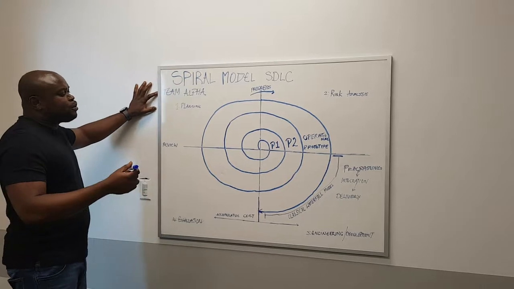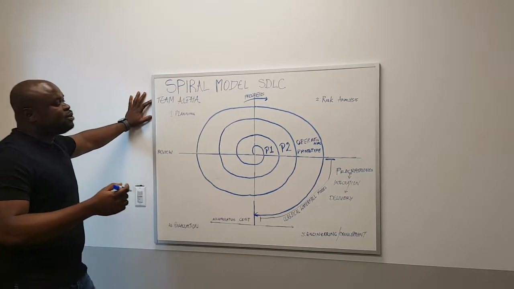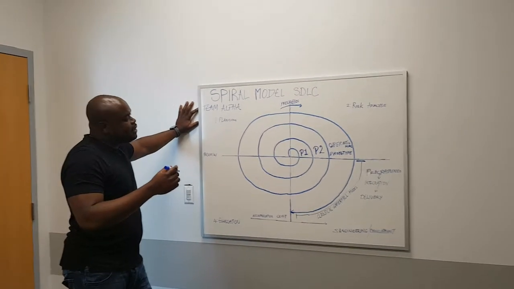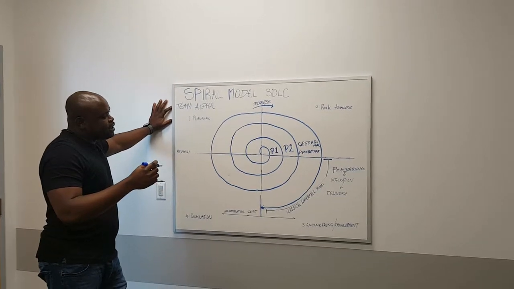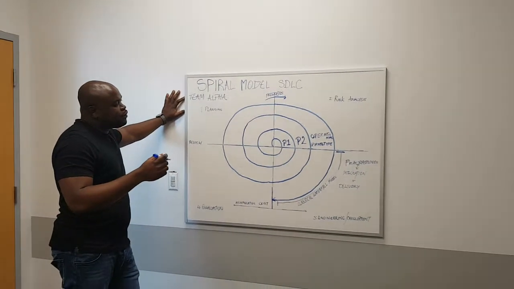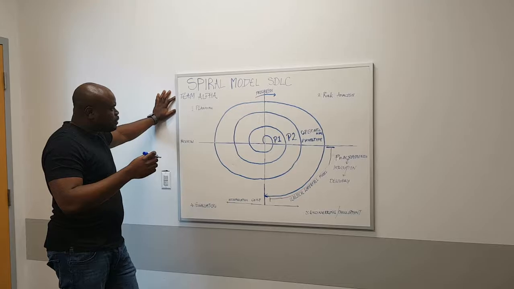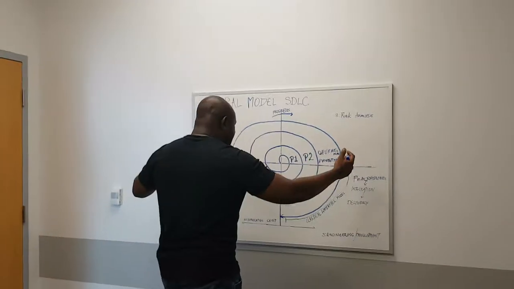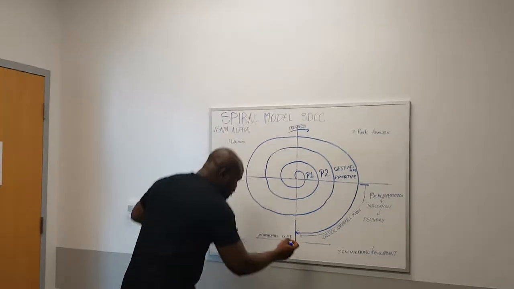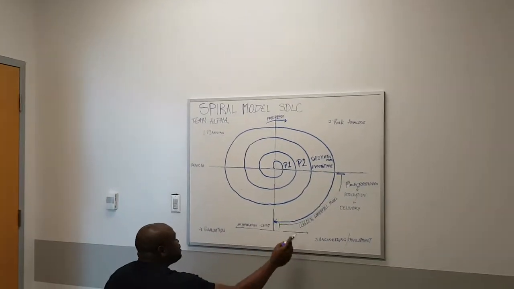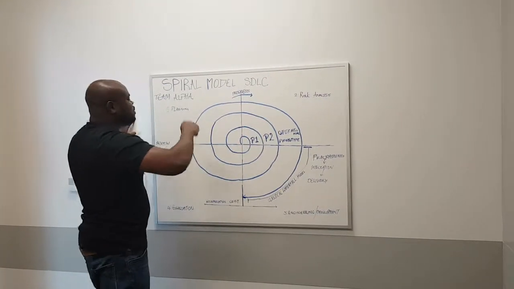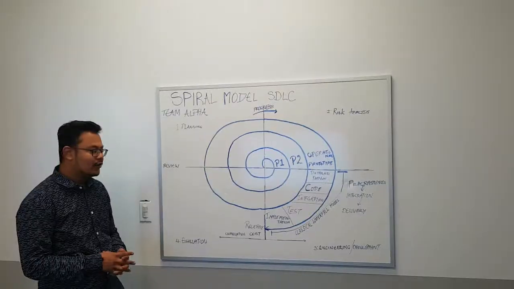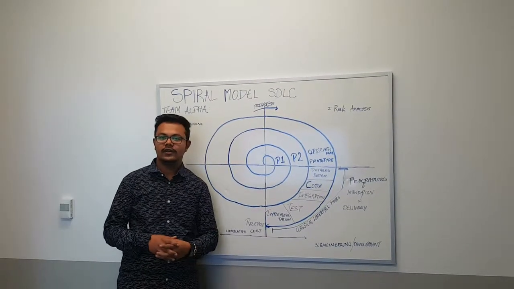Also, because prototyping is used extensively, risk is analyzed, mitigated, and project failure is avoided. Also, the width of this project is indicated here, which is the accumulative cost that is represented by every one of the loops.